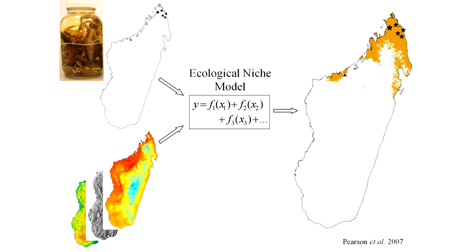The probability of the species occurring is some function of x1, which might be temperature, x2, which might be precipitation, x3, which might be NDVI, a remotely sensed variable that tells us about the amount of greenness at a particular point. That tells us about vegetation cover.